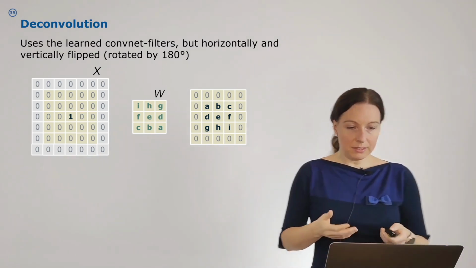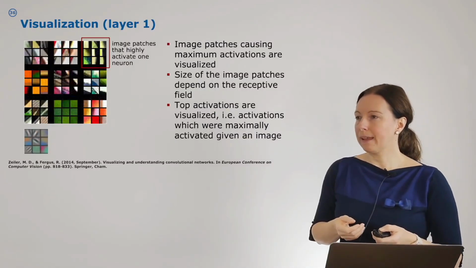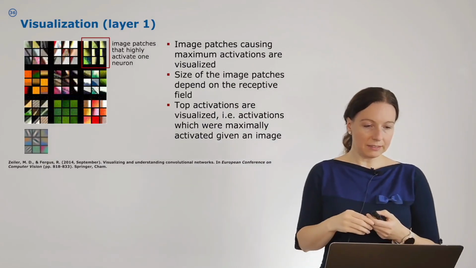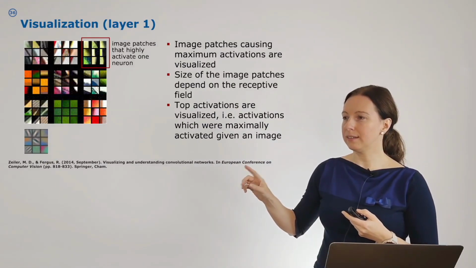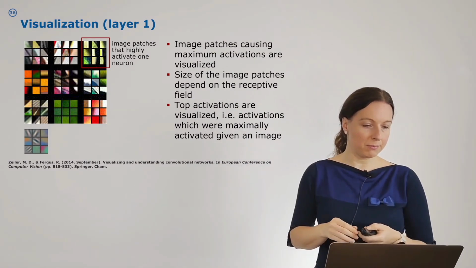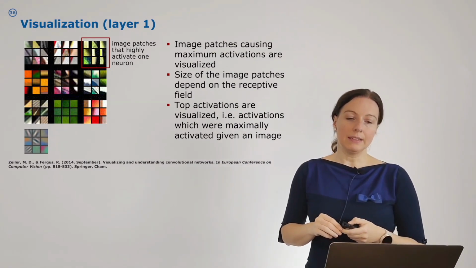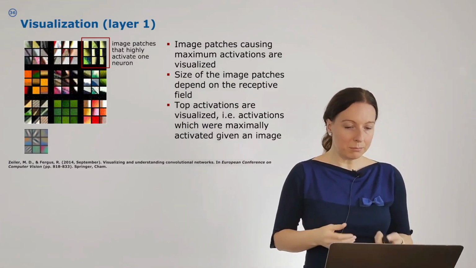Okay, so let's have a look at some visualizations, and here I will take the examples from the paper from Zeiler and Fergus. Let's have a look at a few example results.